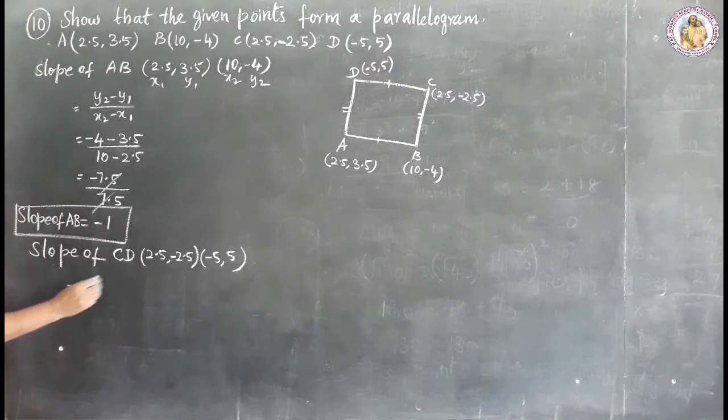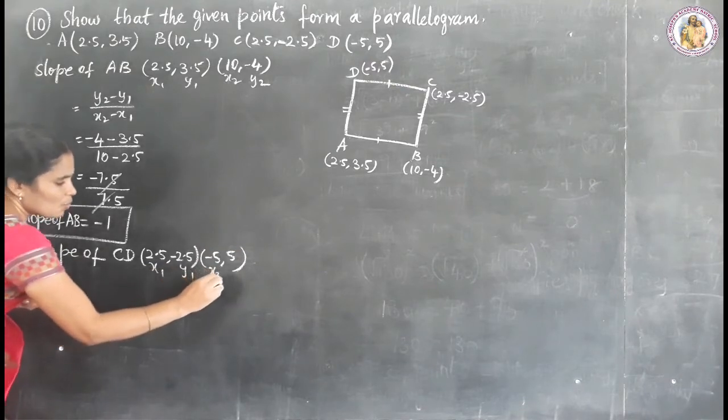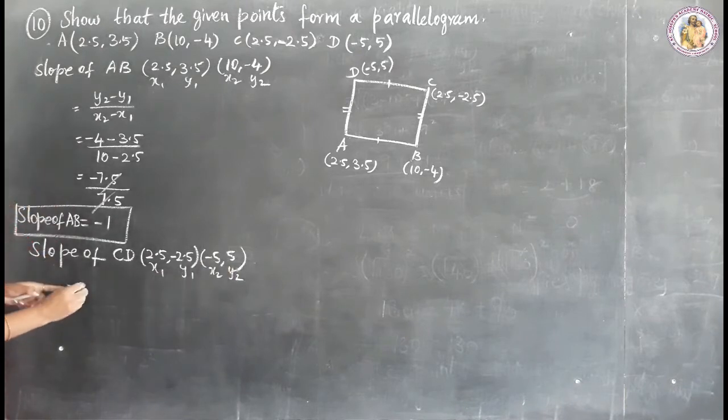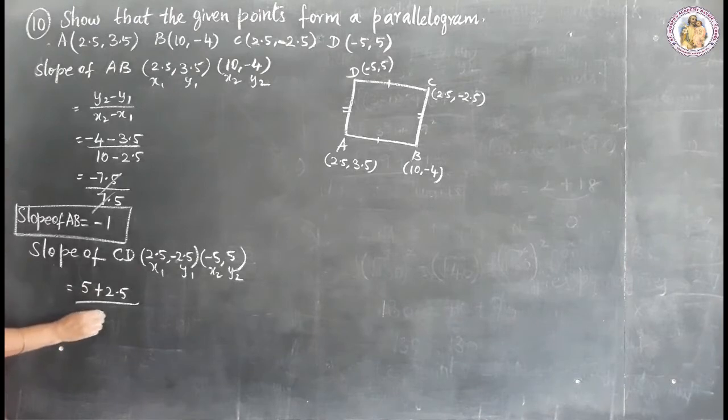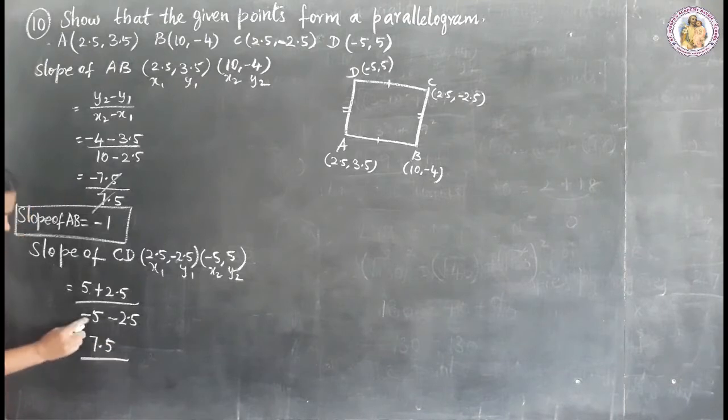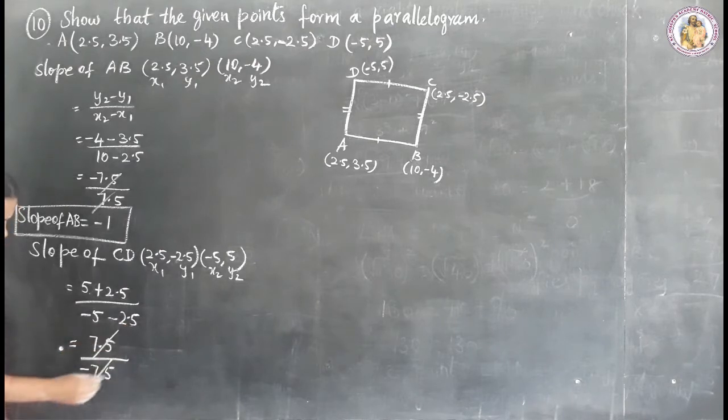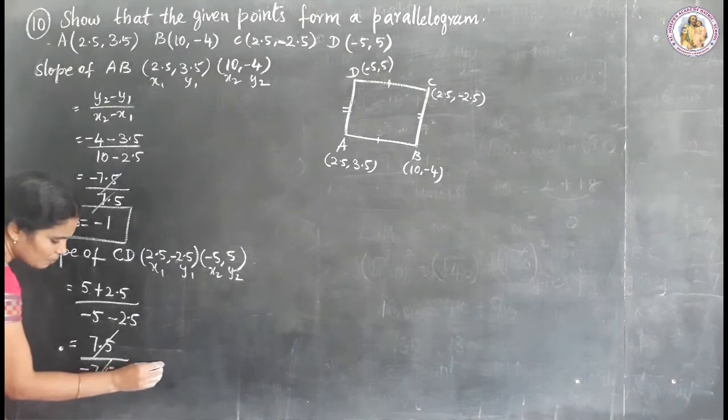Taking x1, y1, x2, y2, y2 is 5 minus -2.5, which becomes plus 2.5, divided by x2, which is -5, minus x1, which is 2.5. So 7.5 divided by minus 7.5. 7.5 and 7.5 cancel, so it is equal to -1.